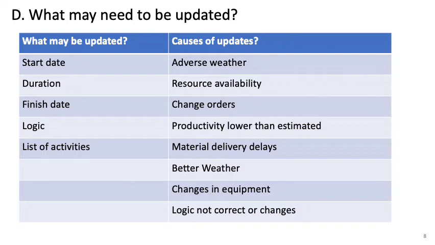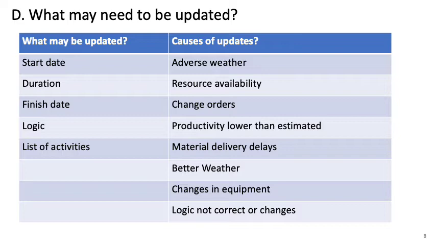When the weather gets worse, the production rate would change, or you need to delay the start. Let's say some activities you cannot start during the rainy time, so you have to wait until the rain is completed. So that will impact the start date of some activities.